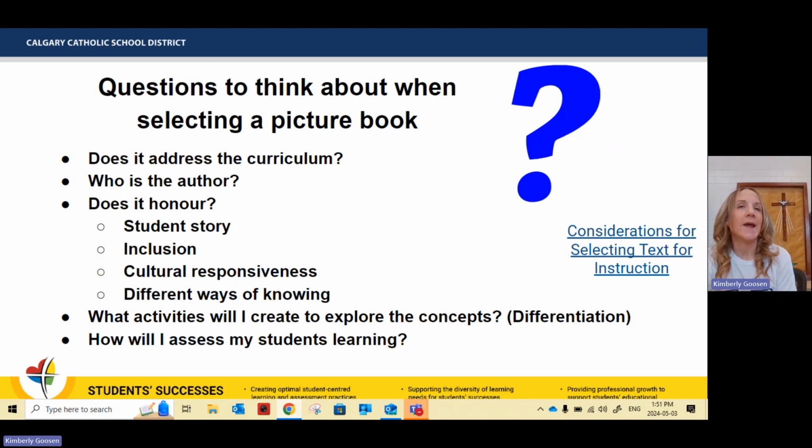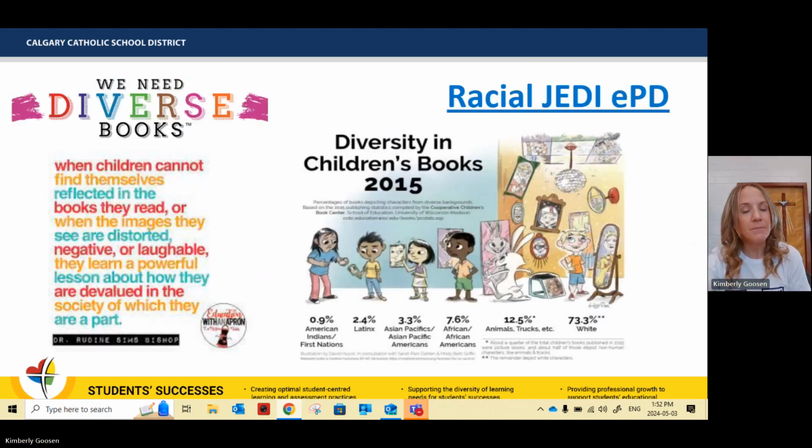Is it honoring and showing that inclusive piece with our students, right? We know better now that we need to have it where our students can see themselves in that text. And then really thinking about what kind of activities I can do with this picture book and our mentor text, and then vice versa, how are we going to then assess our students' learning?